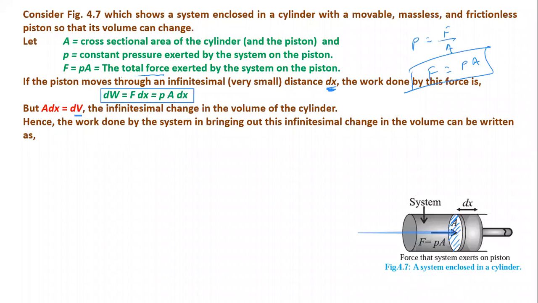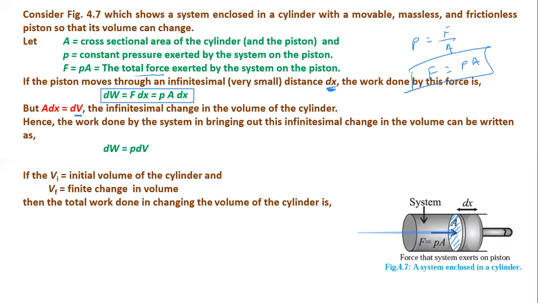Hence, the work done by the system in bringing out this change in volume can be written as follows. Here change in volume occurs. Now work done can be written as, you can see the formula of work done: P into dV. P is the pressure, dV is the change in volume. Change in volume we can represent in terms of initial and final volume.